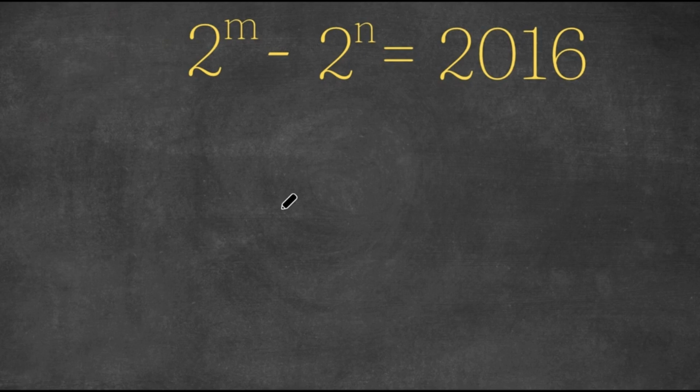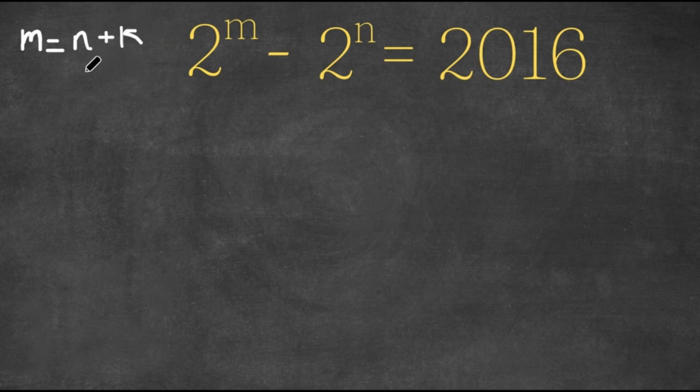In today's video, I'm going to be teaching you guys how to solve this exponential equation. So we have 2 to the power of m minus 2 to the power of n equals 2016. What I'm first going to do is set m equal to n plus k, k being a constant.